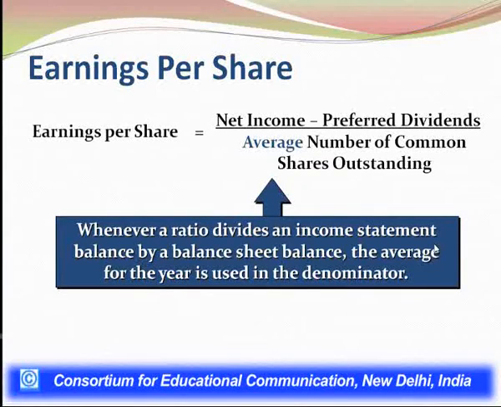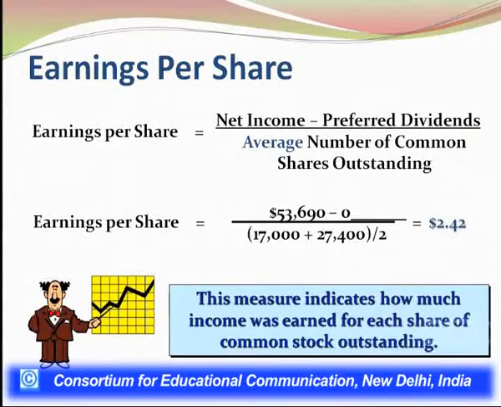So the net income available to these shareholders is 53,690, divided by the average number of shares, which would be 17,000 plus 27,400 divided by 2. So that's how we calculate the average number of shares outstanding for the company. So earning per share comes out to be 2.42.